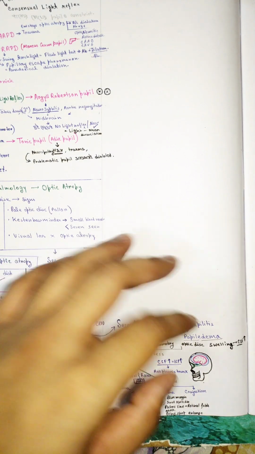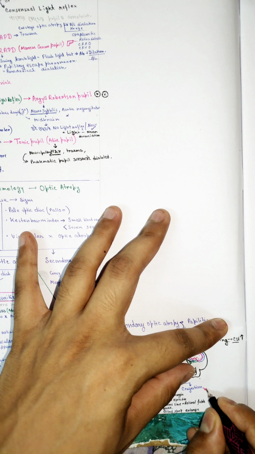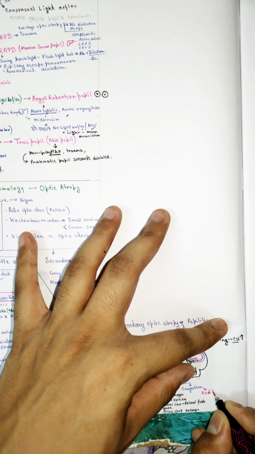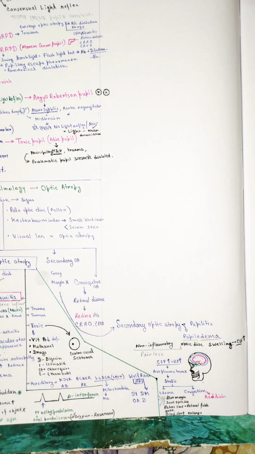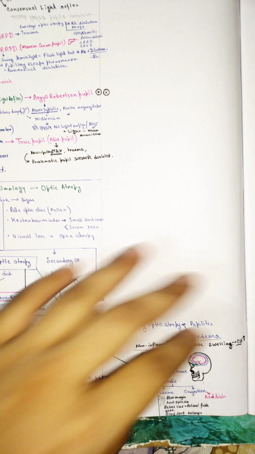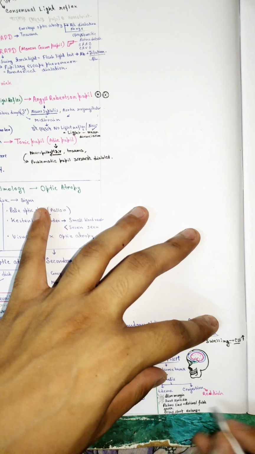Next, congestion. It means the optic disc will be more reddish at first. Obviously, there are more things.